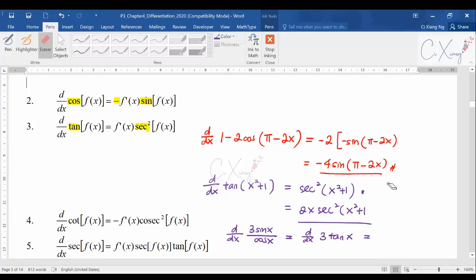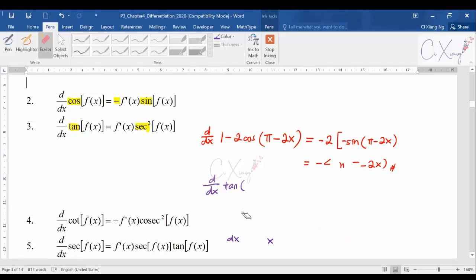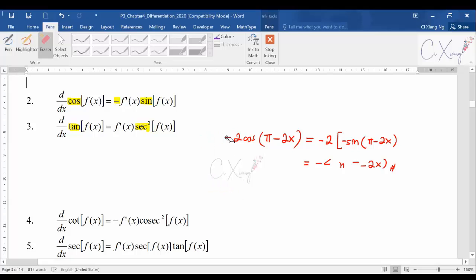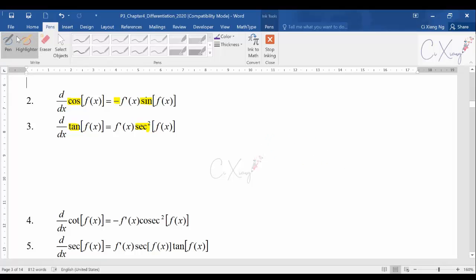Sometimes in the question, they will try to combine all the different functions together. Maybe we try a few examples. In the previous video, we learned how to differentiate the exponential function and the ln function, right? And here we learn how to differentiate the trigo.